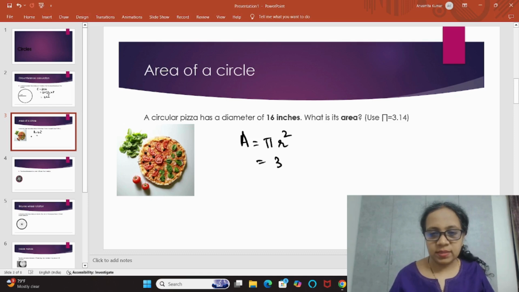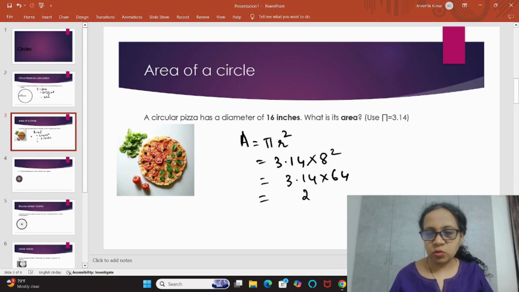Now pi is 3.14. Since the diameter is 16 inches, the radius will be 8 inches. That is half of the diameter. So r square is 8 square. So 3.14 into 64, that is 200.96 square inches.